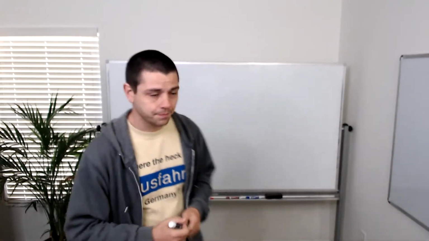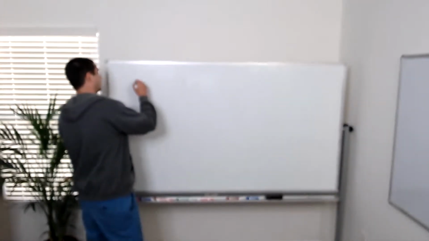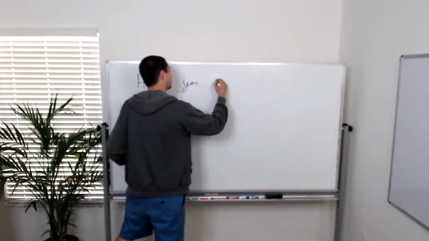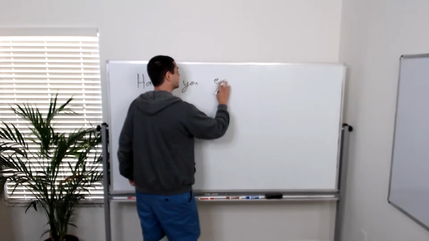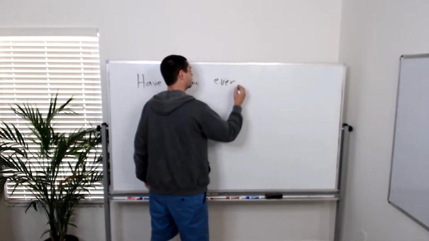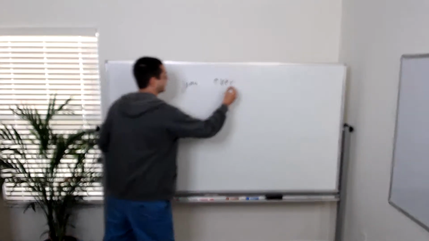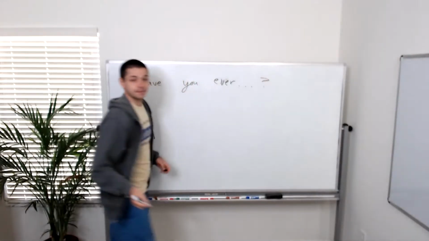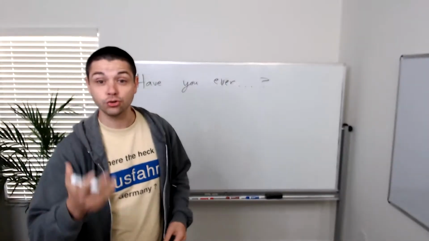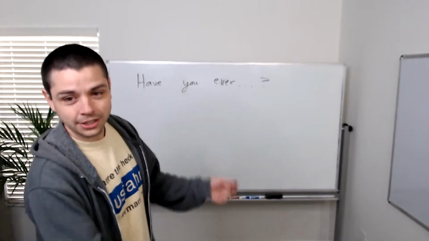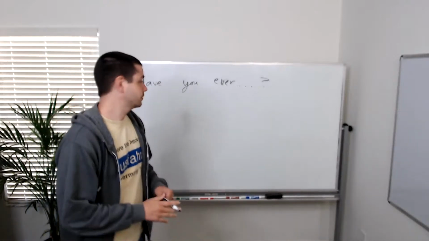So, for example, you can say, have you ever, and then ask a question, right? Like, have you ever been to Paris? Have you ever watched this film, for example.